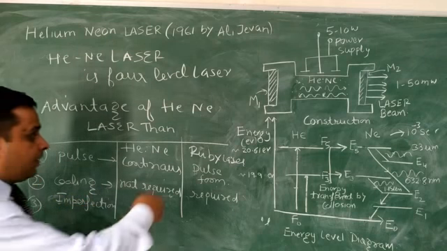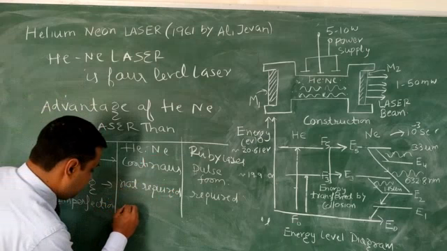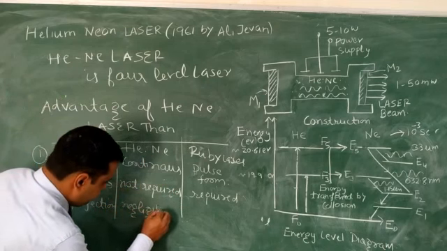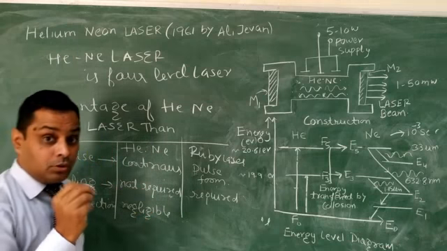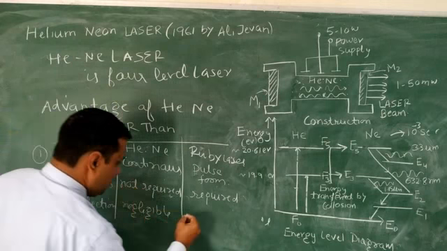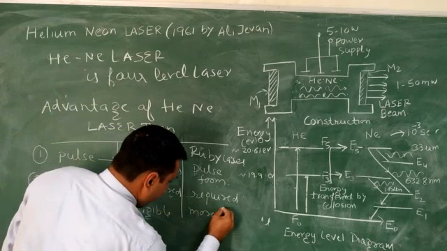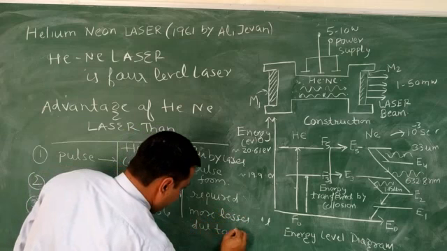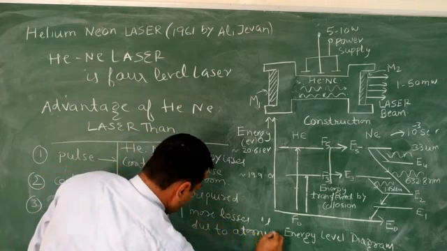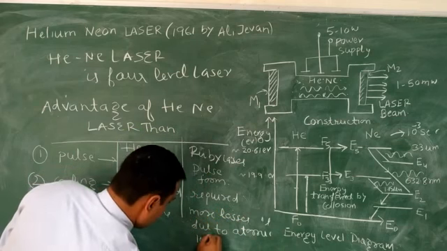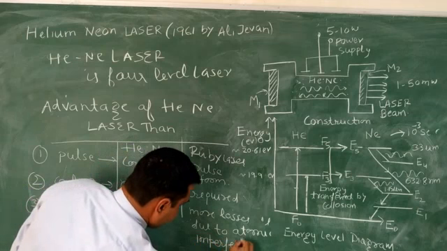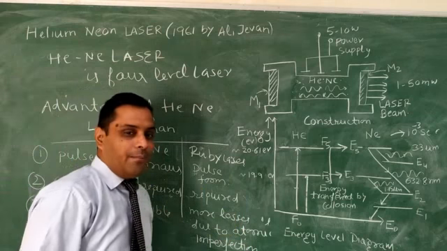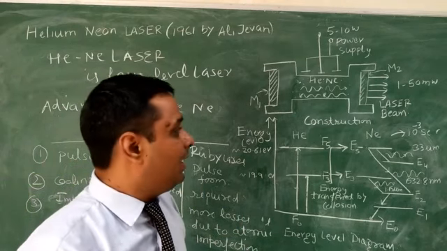In the case of gas laser, the imperfection is negligible, and in the case of ruby laser, because it is a solid state laser, there are more losses due to atomic imperfection or defects. So these are the basic advantages of helium neon as compared to the ruby laser.